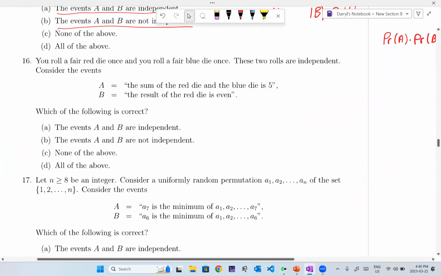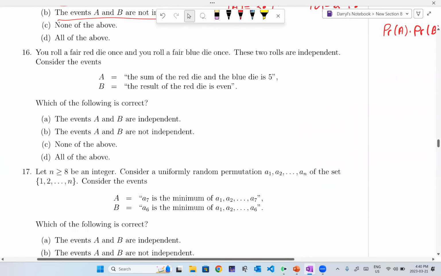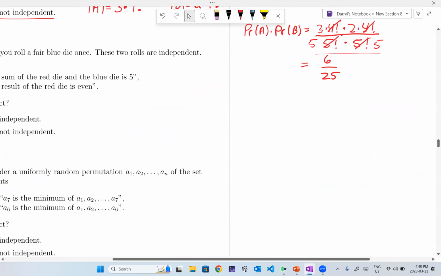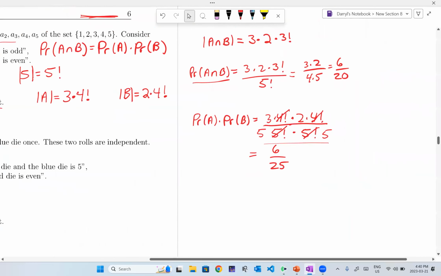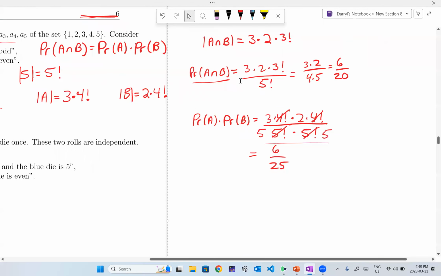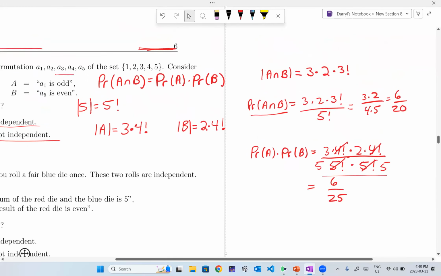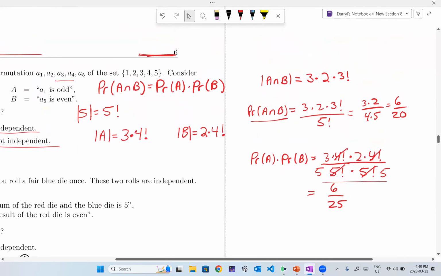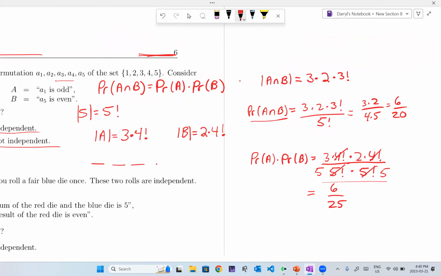You roll a red die once and a blue die once. How did we get A and B again? The size of A and the size of B was counting. So A is the event that the first number in my permutation was odd. So that means I put a 3 here perhaps.